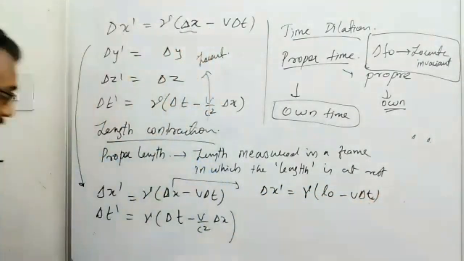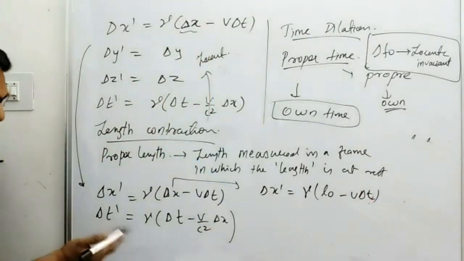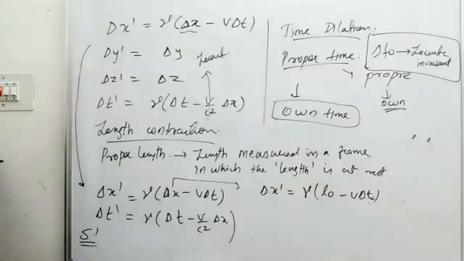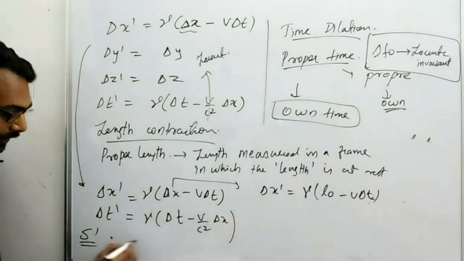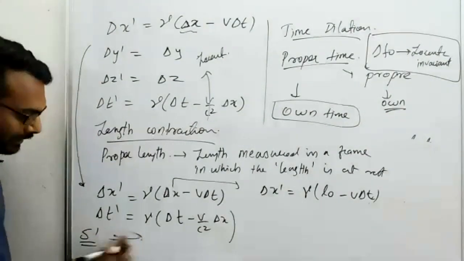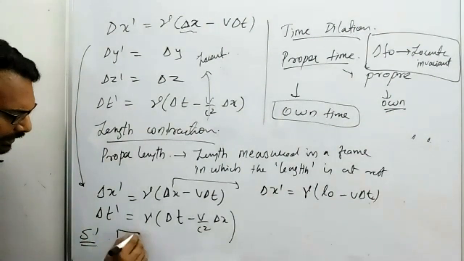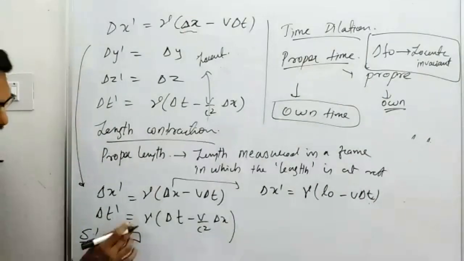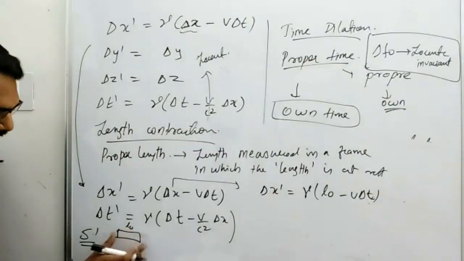But now, if you want to measure the length of the same object from frame S prime, what should you do? You have to measure the length. But when you look from S prime, this length is moving. Imagine that you are looking at a rod of length L0, in its rest frame.